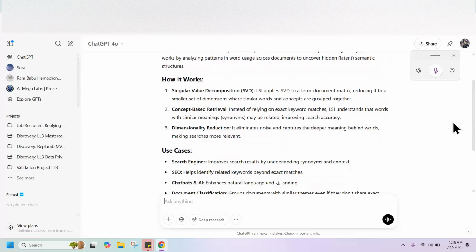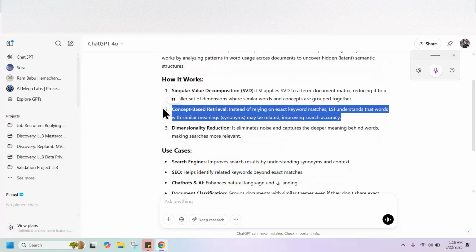This is exactly it right here. Similar meaning, may be related.